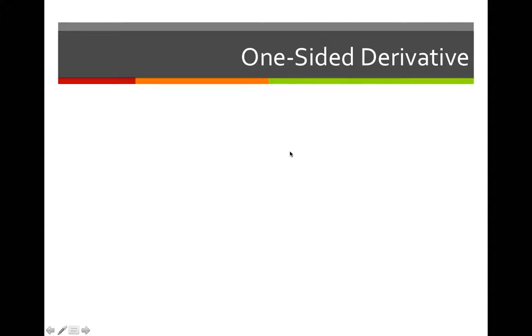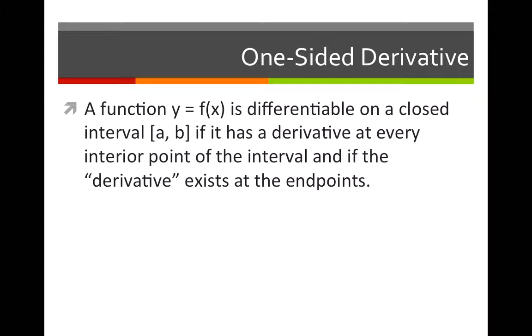All right, last thing I'm going to leave you with is something called a one-sided derivative. A function y equals f of x is differentiable on a closed interval a to b if it has a derivative at every interior point of the interval and if the derivative exists at the endpoints.